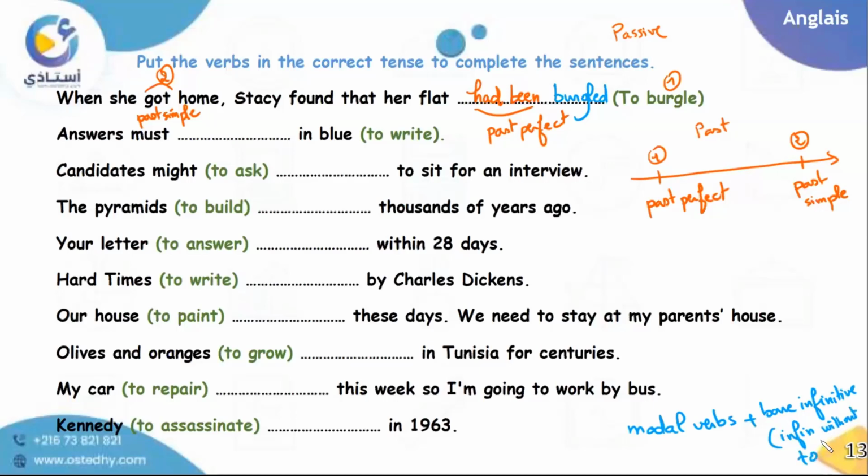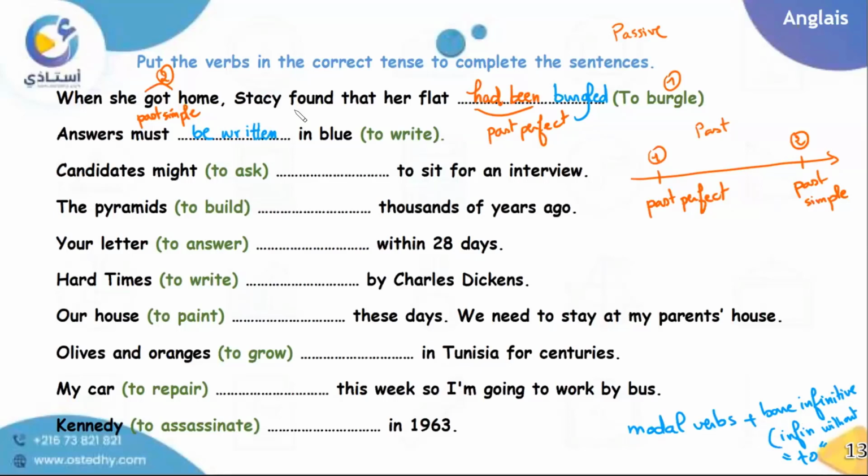So instead of saying to be, we'll put only be. So here, my answers must be. And the verb write in its past participle, as usual. As we said, the initial verb needs to be always in the past participle. The only thing that changes is the verb to be.